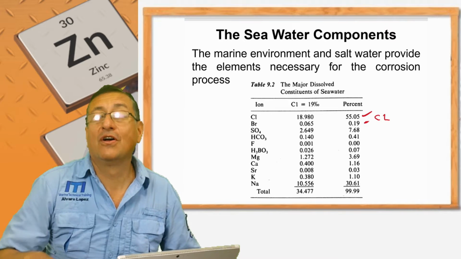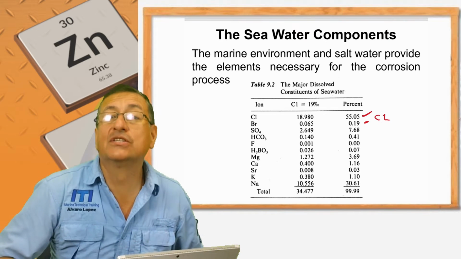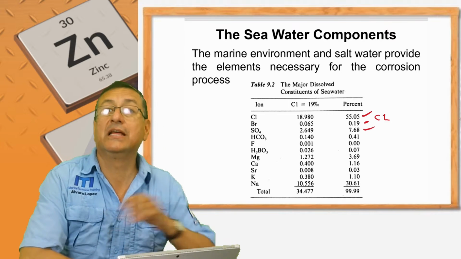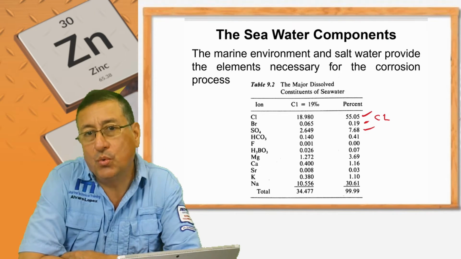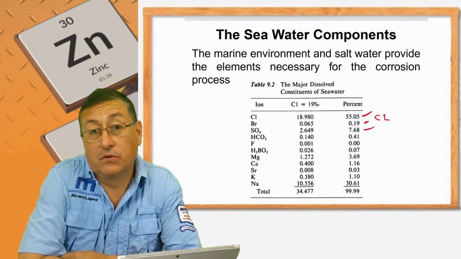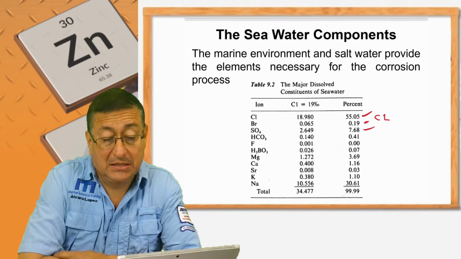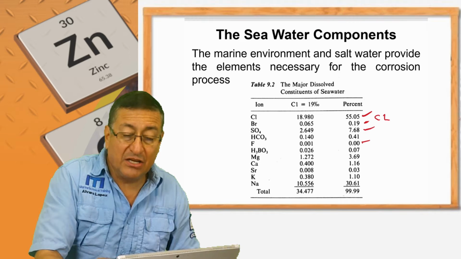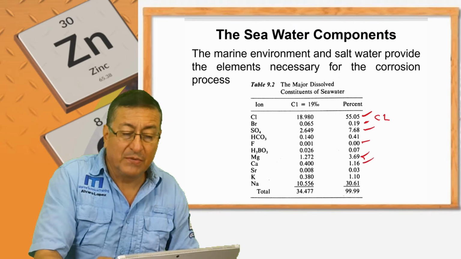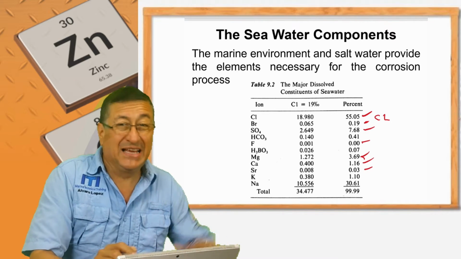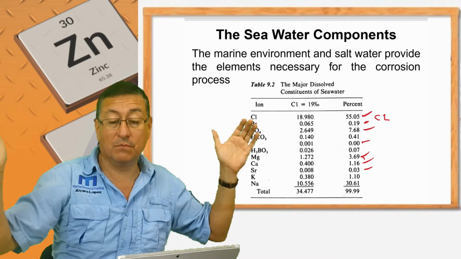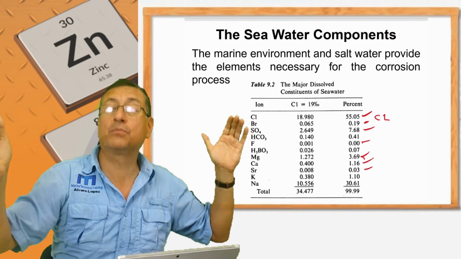Sulfur oxide, practically 8%. A lot. And fluorine, magnesium, calcium, strontium, alkali solution on the other side. Remember, both streams produce corrosion.